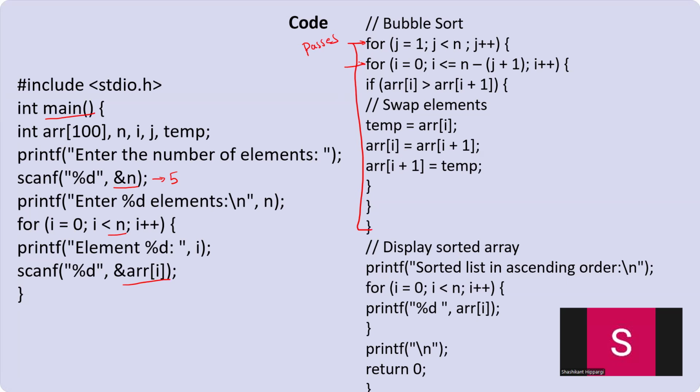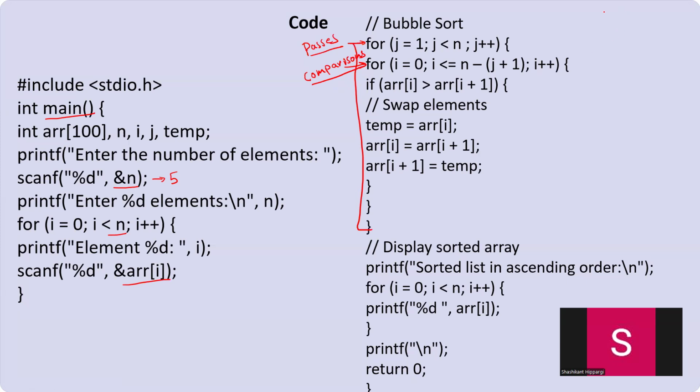In each pass, we are going to have a particular number of comparisons. So the outer loop must always be for a pass, and the inner loop will always be for comparisons.